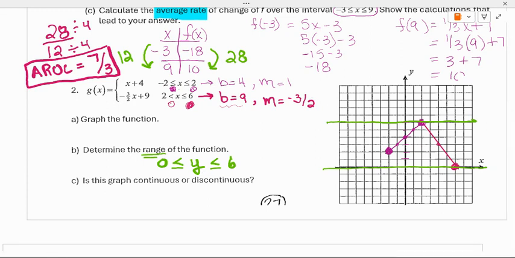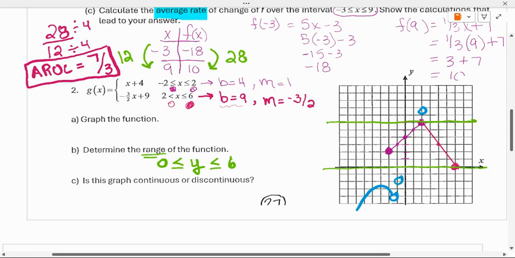Is this graph continuous or discontinuous? Continuous means that it goes on forever with no openings, no holes, right? Discontinuous would be something that has a hole in it. For example, if I were to give you a graph like this, this is discontinuous.